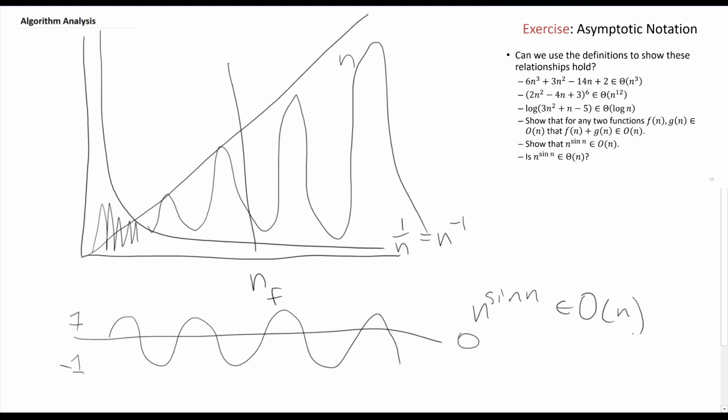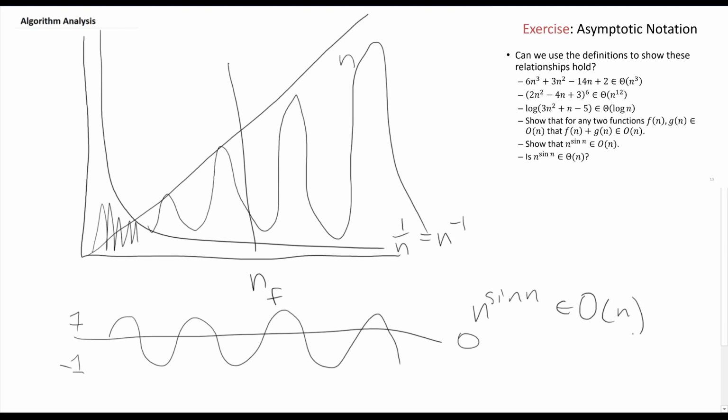So that's the question we had up above: show that n to the sine n is big O of n. This picture I've drawn kind of shows it. We're showing that the function is below the line. So the value b that I've chosen here is just 1, because I've just drawn the line there. So again, it's pretty easy to show.